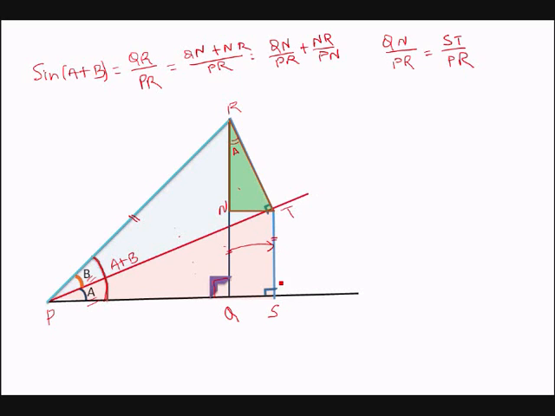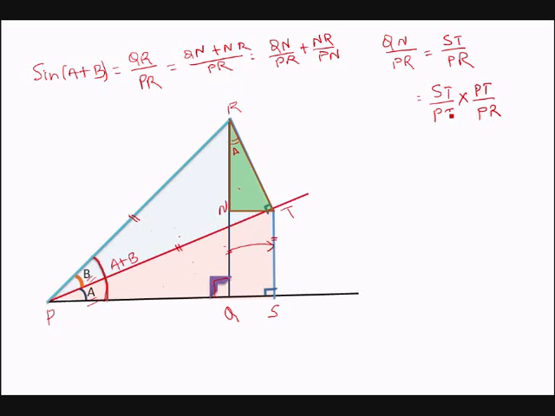Now, ST is one side of the pink colored triangle and PR is one side of the blue colored triangle. Therefore, there is no connection between these two. So we are going to make a connection using the common side, which is PT. So I'm going to introduce this PT, which is common to both the triangles, like this.